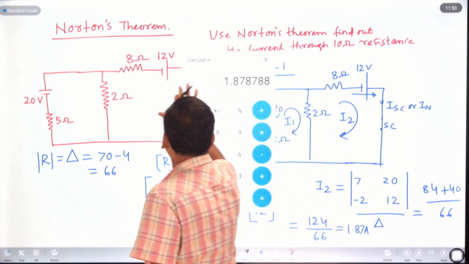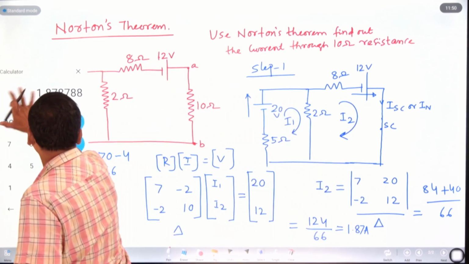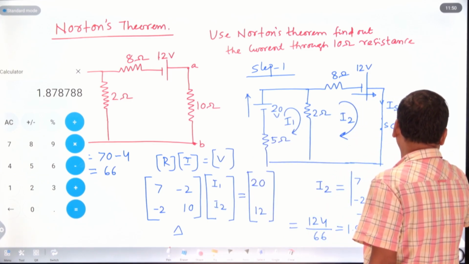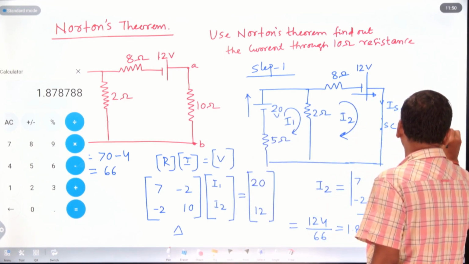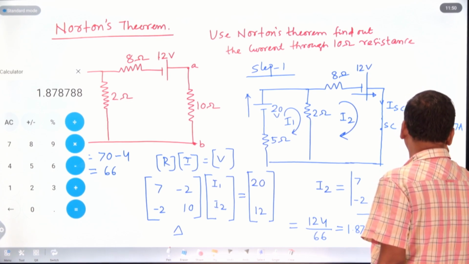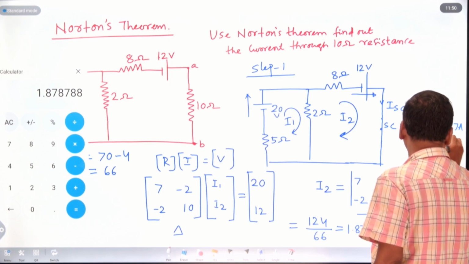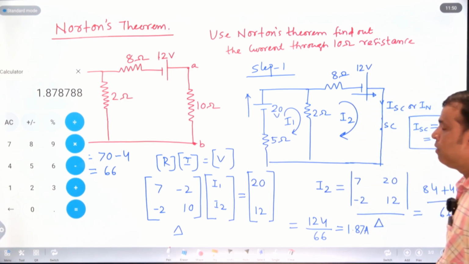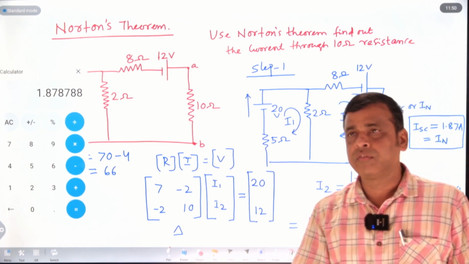So the short circuit current ISC, or IN, equals 1.87 ampere, which is nothing but your Norton's current. Once we have ISC, we are going to calculate Thevenin's resistance.